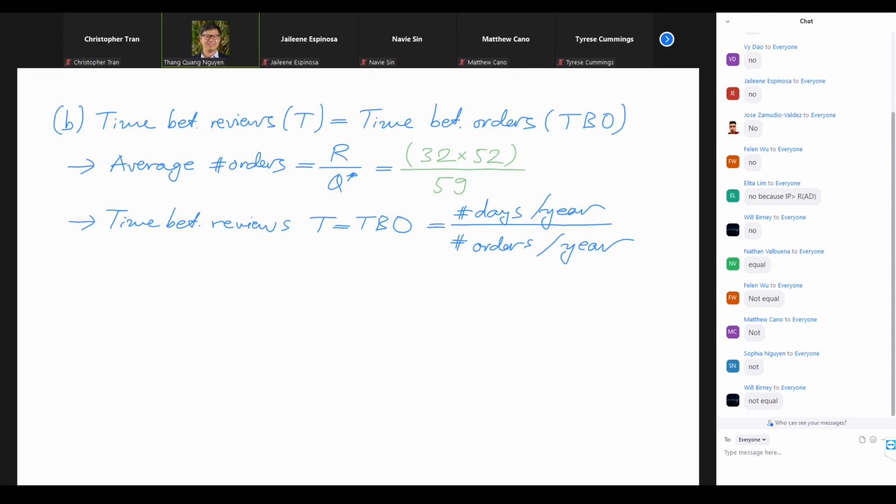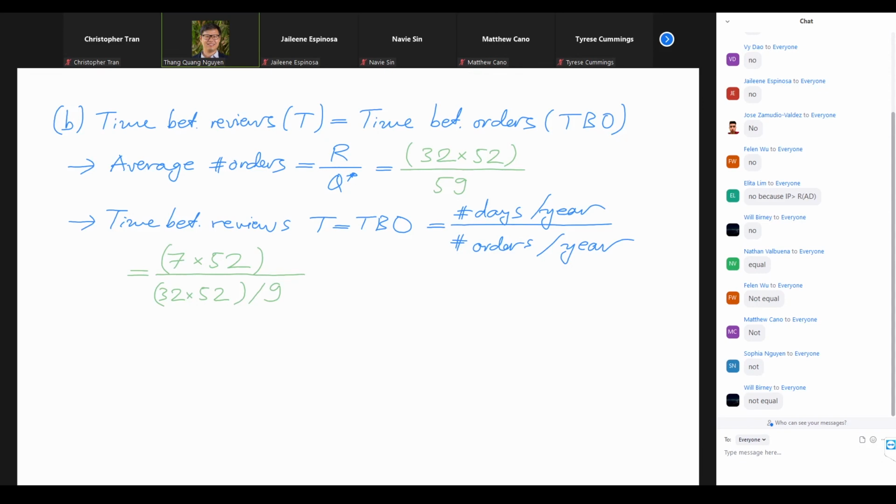So let's put the numbers in. It means that the number of days here is 7 days a week, and then 52 weeks, right? So that's the number of days in the year. Divide that by the 32 times 52 divided by 59, right? We just calculated that earlier. That is the number of orders in a year.